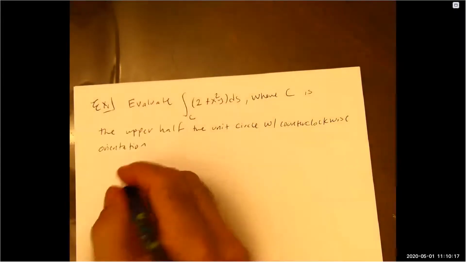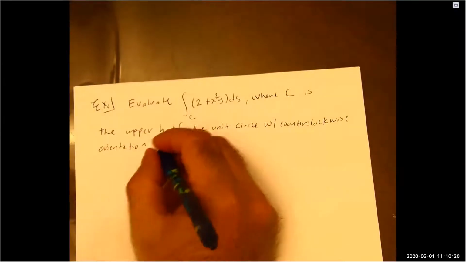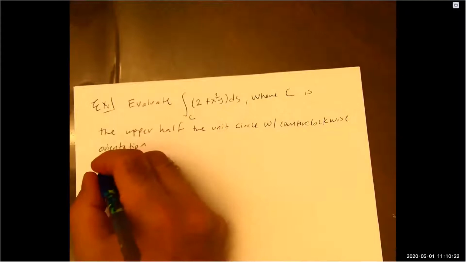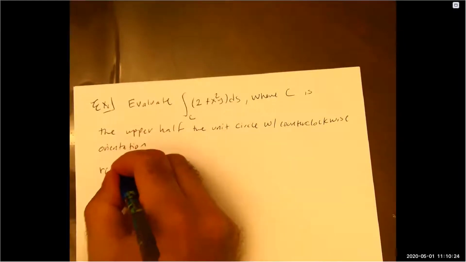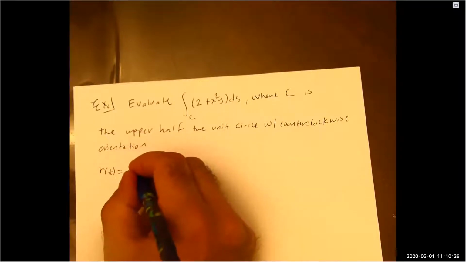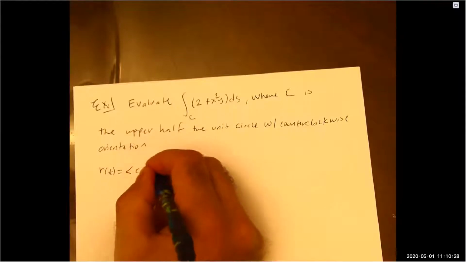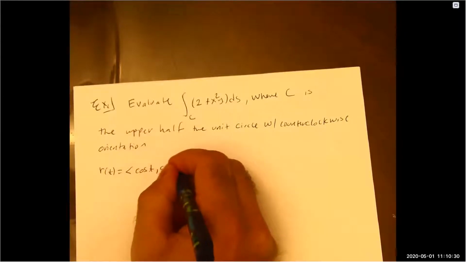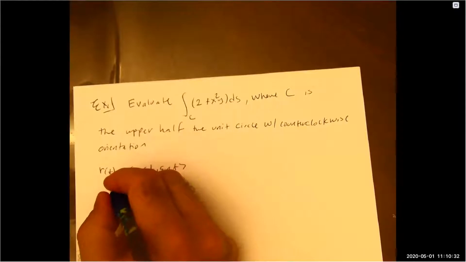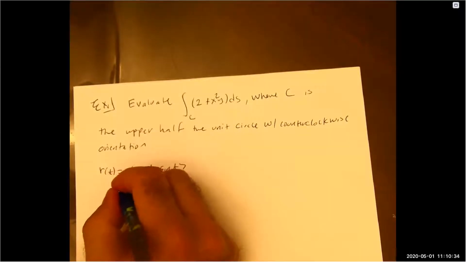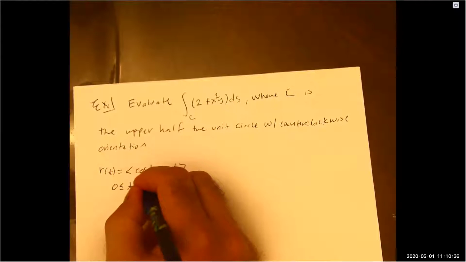And so r of t, in this case, is going to be cosine of t, sine of t, and you can have 0 less than or equal to t less than or equal to pi.